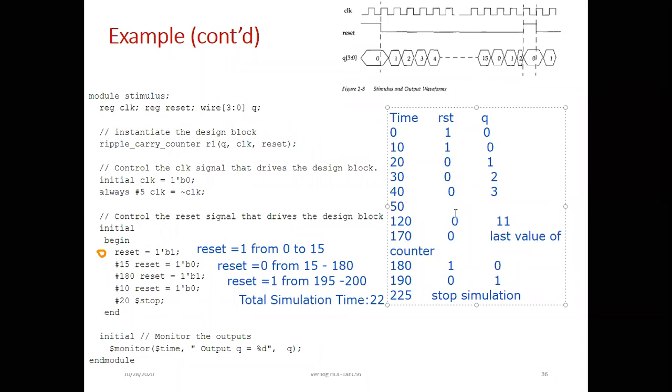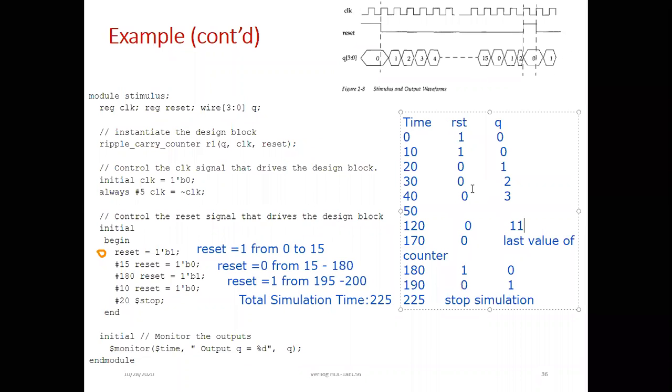Like this only we will get. So when you are doing the simulation, you can easily verify how you are getting the output. Any doubt in this? Understood?